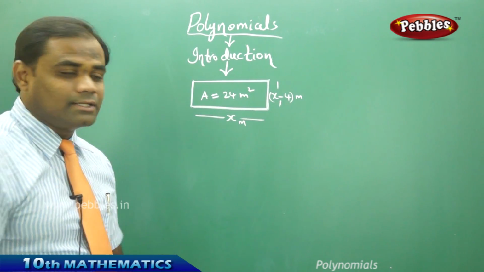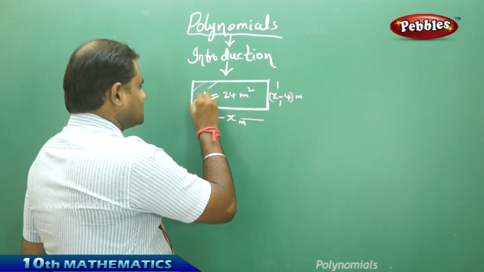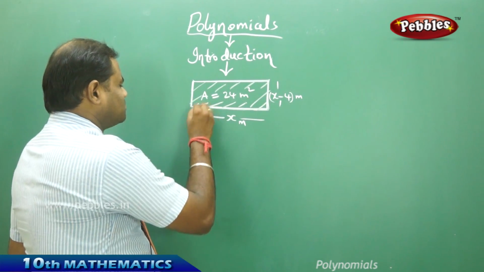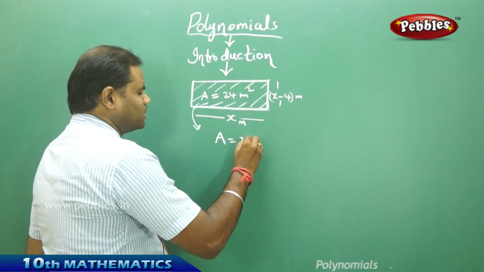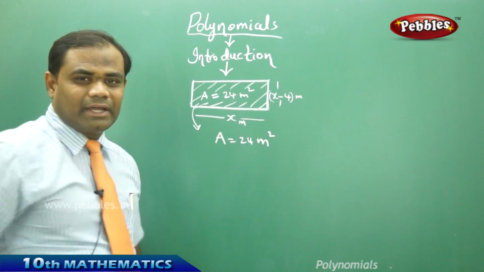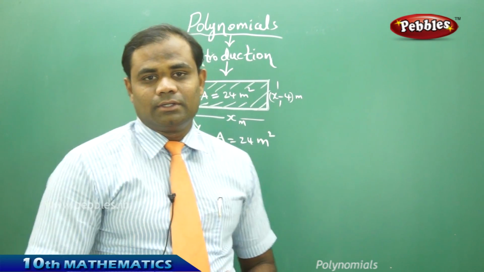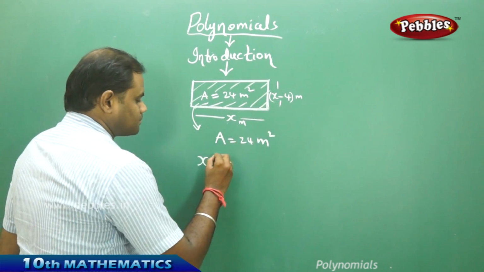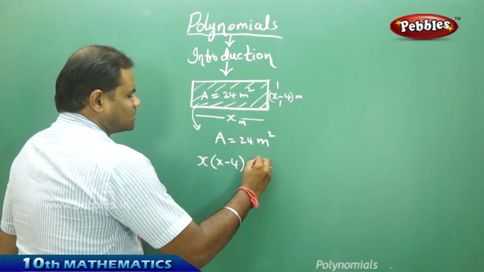Immediately I see that this is a rectangle, and hence the area, given as A equals 24 meters squared, is length into width. Therefore, length times width equals 24.